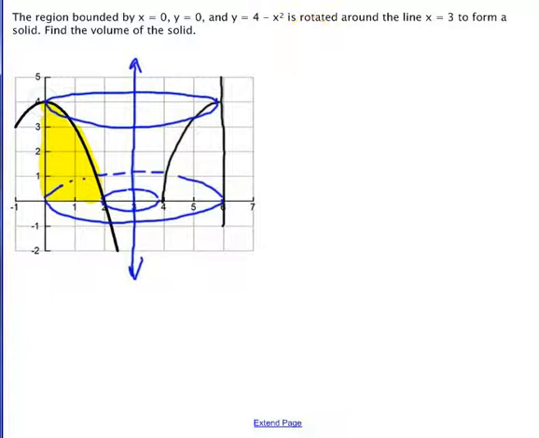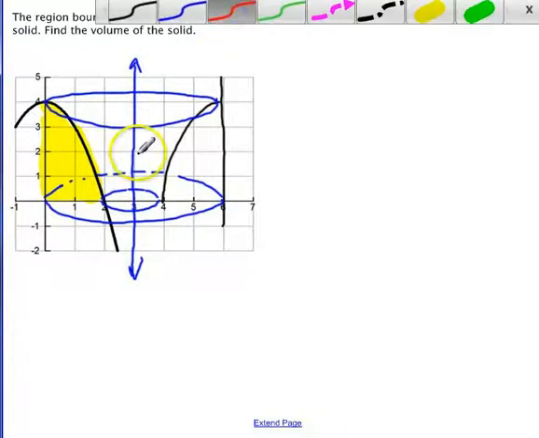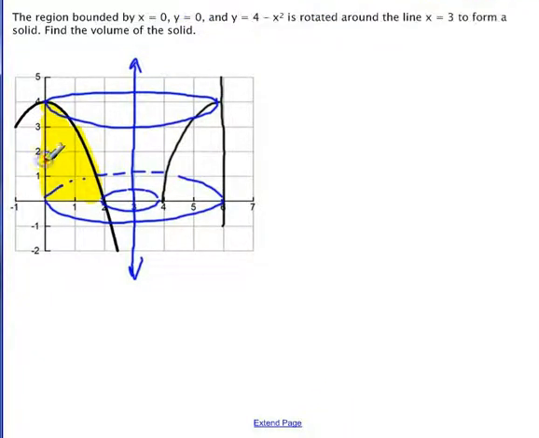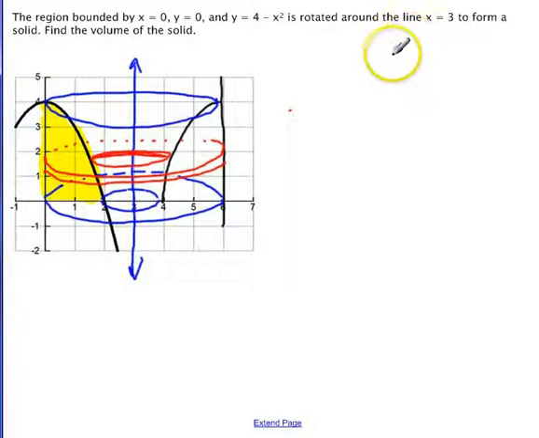And so a representative washer will look like this. And then there's the empty space in the middle. Okay? So, my inside radius.